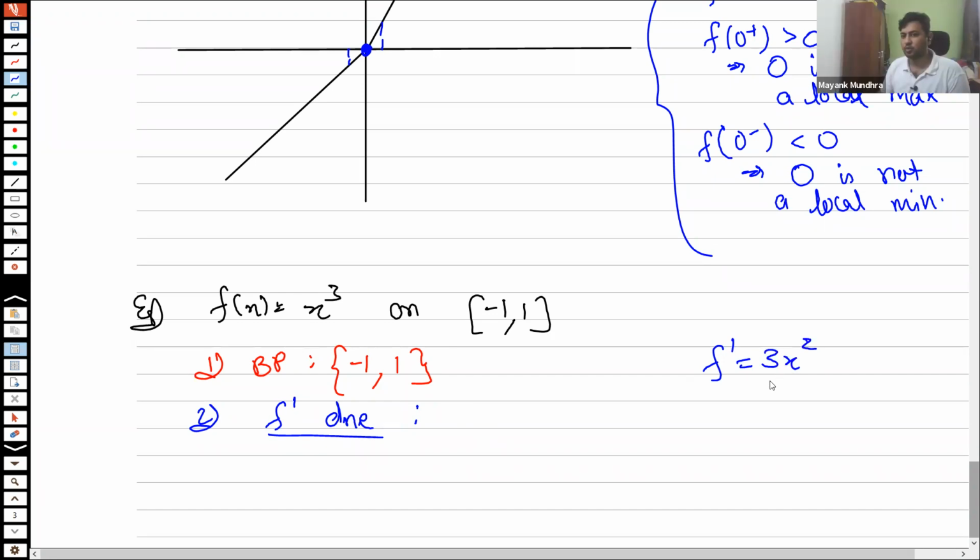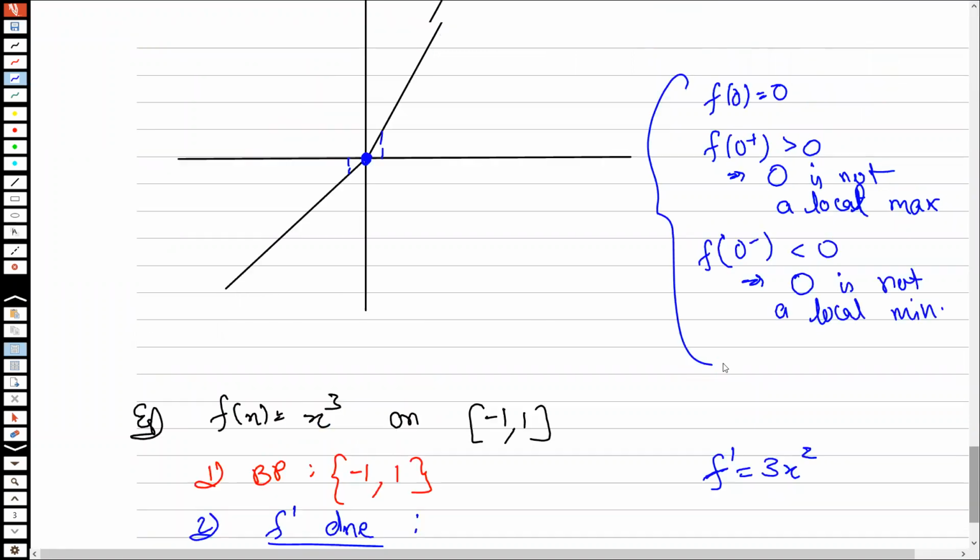Okay, so does this 3x square give you any reason for not existing at any point? What is the value of f prime at 0? 0. But 0 exists. 0 is not non-existence.